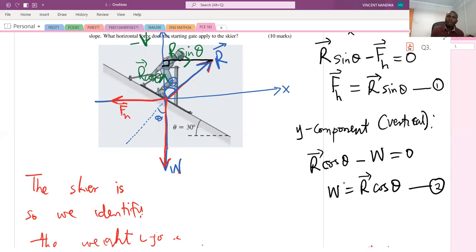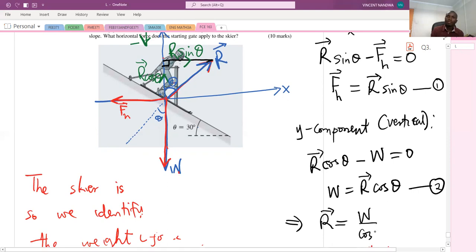So that's to mean if you make R the subject in equation 2, R will be given by W over cosine of theta.